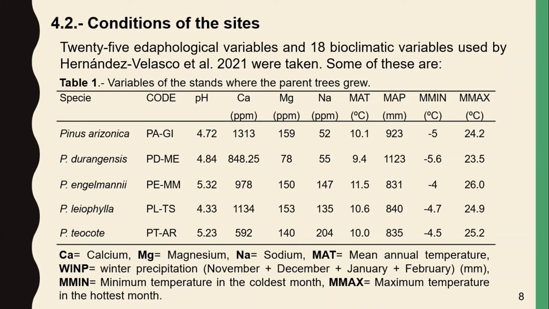Some of these are calcium, magnesium, sodium, mean annual temperature, winter precipitation, minimum temperature in the coldest month, and maximum temperature in the hottest month. Table 1 shows the variables of the stand where the parent trees grew.